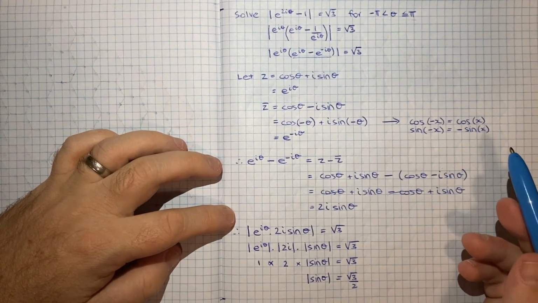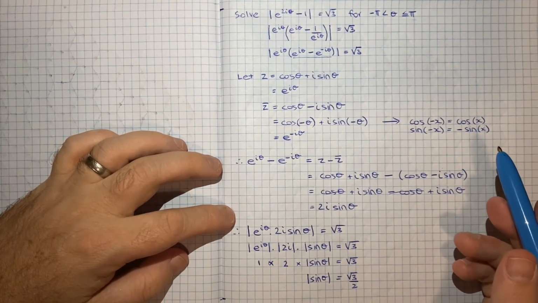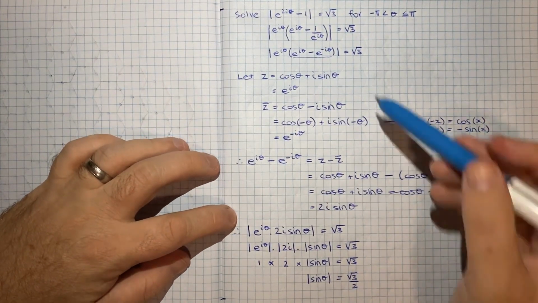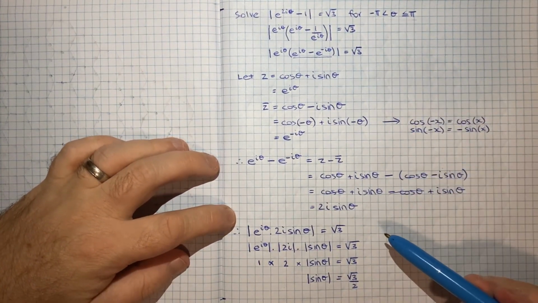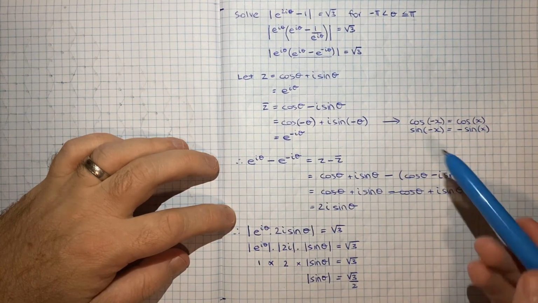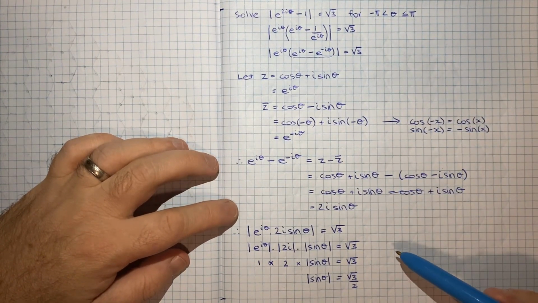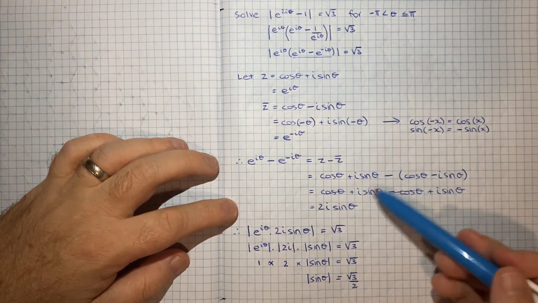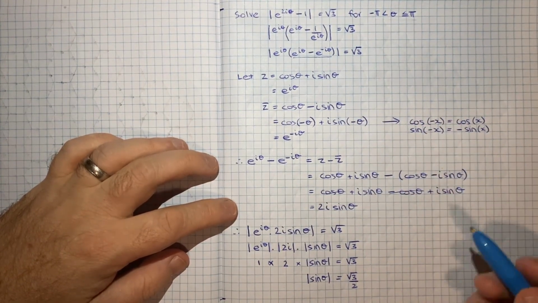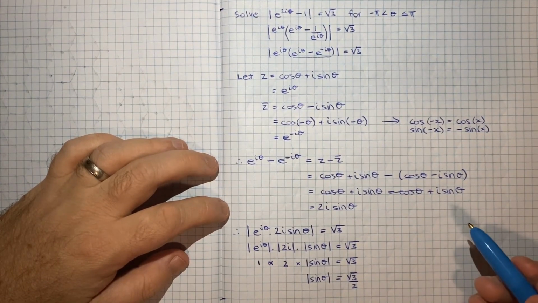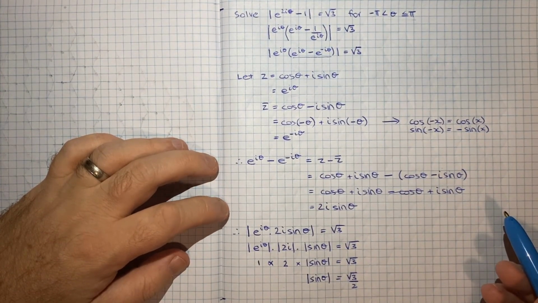It seems like an interesting method, but an odd method, whereas I think this algebraic approach is probably much simpler to follow, and you need to make use of a few results that hopefully you're familiar with as you work through the complex number topics in Extension 2.